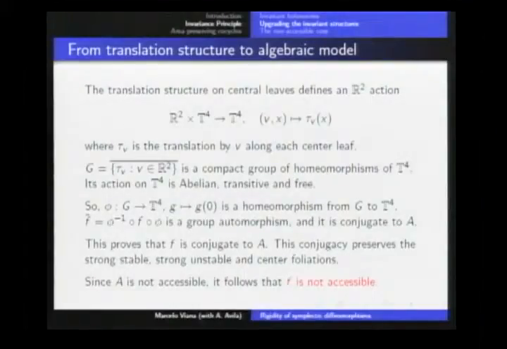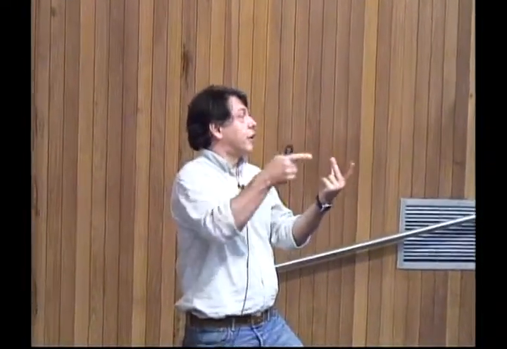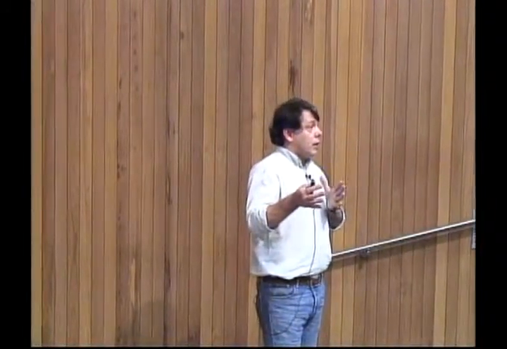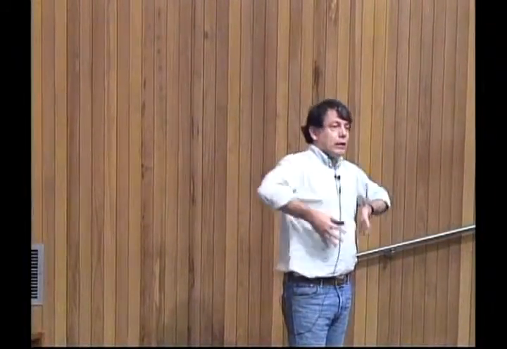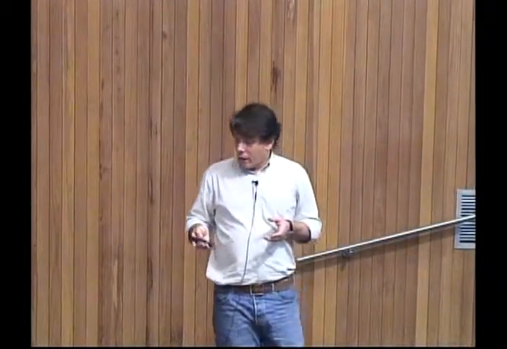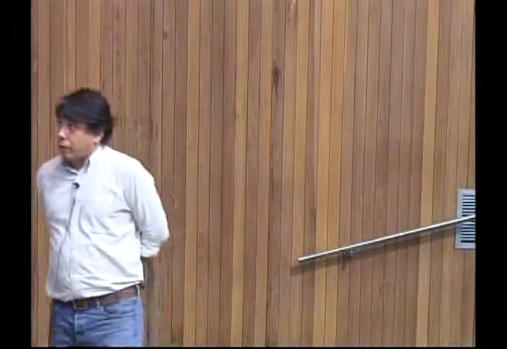It's a kind of twisted logic, but the twisted logic shows that if the exponents vanish, then F cannot be accessible. Okay? So that's what I'm saying. By assuming both things, I end up conjugating F to A. A is completely integrable. It's not accessible. And so I conclude that F is not accessible either.